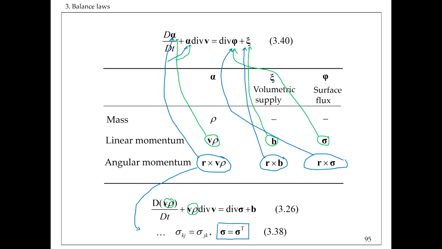Of course, in this form it doesn't illustrate the balance law 340, but this still does hold true, and we just need to work rather hard to simplify to sigma transpose. But in general the angular momentum would be written in this way, and you can reconstruct it from 340 just by substituting the sources, volumetric and surface flux, and again the angular momentum coming in here.